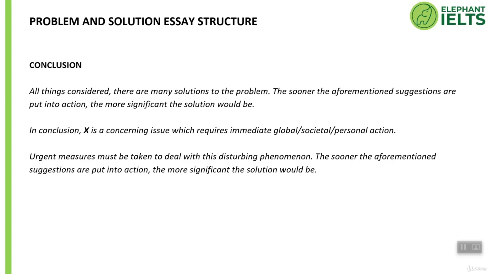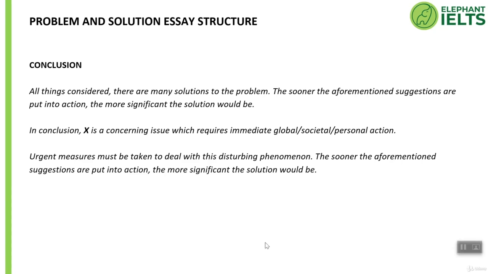Or, in conclusion, X is a concerning issue which requires immediate, global, societal, personal action. It depends who must take the action. And another suggestion, urgent measures must be taken to deal with this disturbing phenomenon. The sooner the aforementioned suggestions are put into action, the more significant the solution would be.